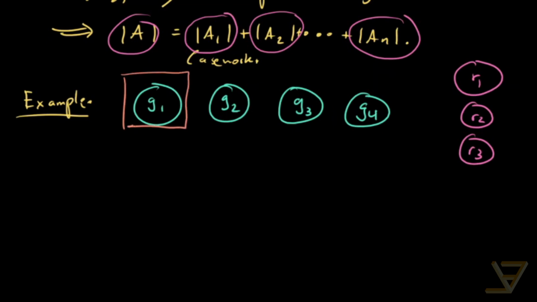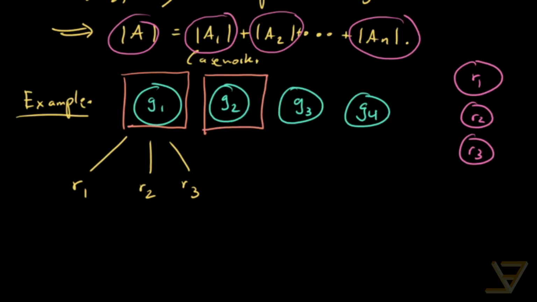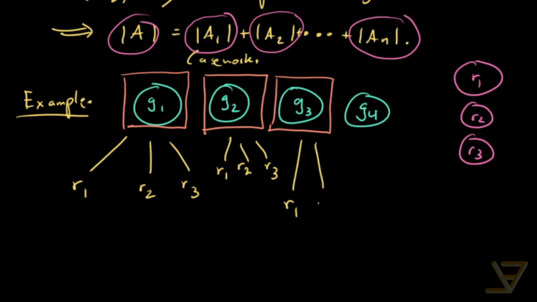And the 3 cases for that are that it gets paired up with R1, R2, and R3. Then we can consider the second case where we choose G2, and we have once again R1, R2, and R3. Then there's the third case where we choose G3 as our green ball, and the cases are R1, R2, R3. And finally, we have the case where the green ball is G4, and the cases are R1, R2, and R3.